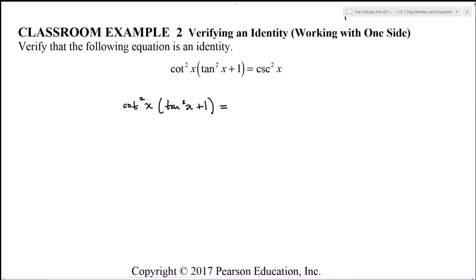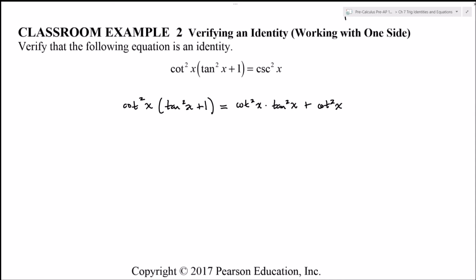And that's going to equal, well, let me go ahead and distribute that out. That's going to be cotangent squared x times tangent squared x plus 1 times cotangent squared x, which is just cotangent squared x. And that's what we get when we distribute the cotangent squared into that binomial tangent squared x plus 1.